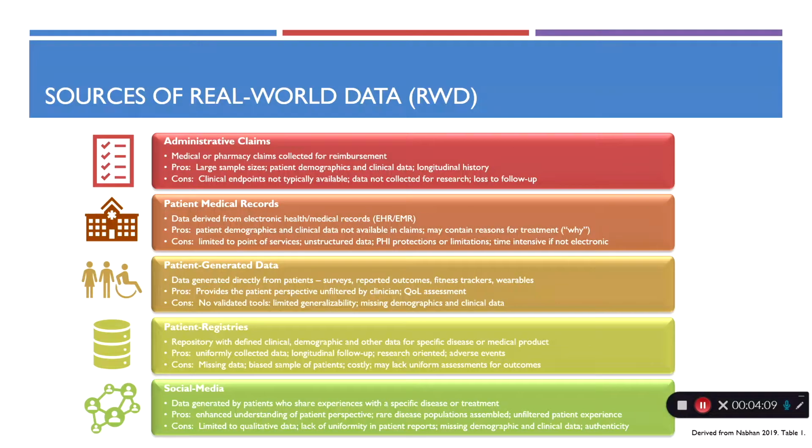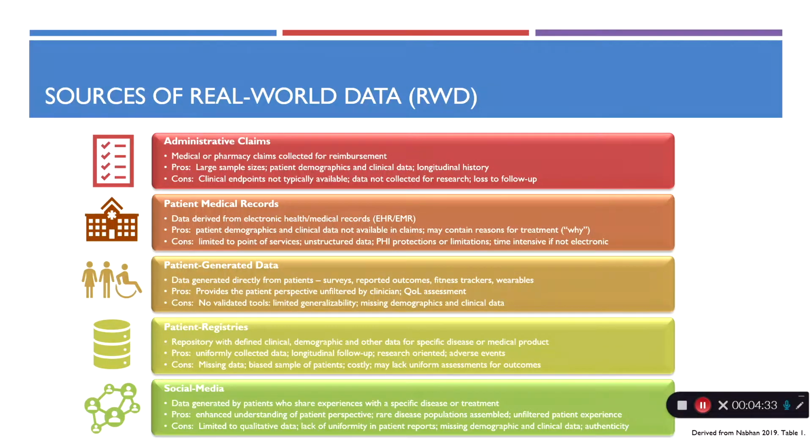You can imagine they are incredibly large and voluminous, and they have a lot of data in them. One of the advantages to these data sets are the large sample sizes and the fact that you can get patient demographics and clinical data. And if a patient stays with an insurance company for a long time, you can get longitudinal data on that person.